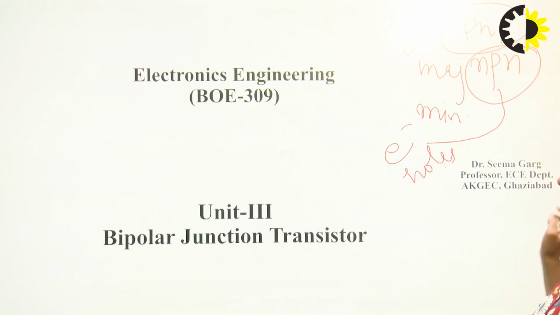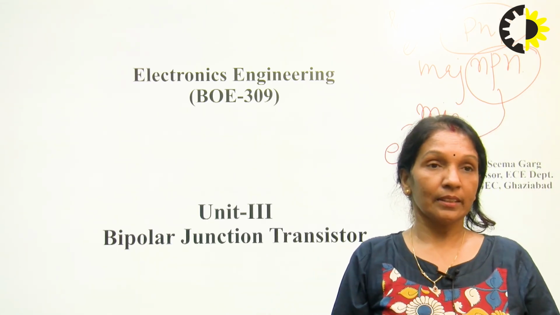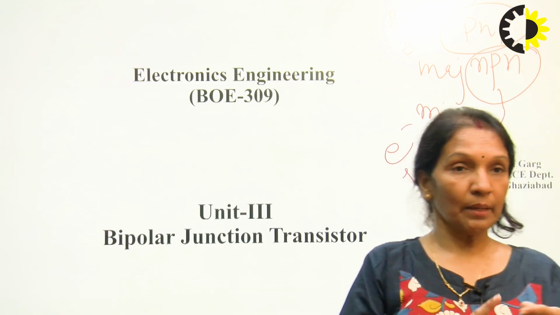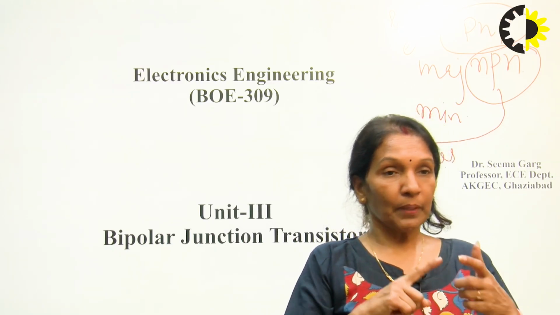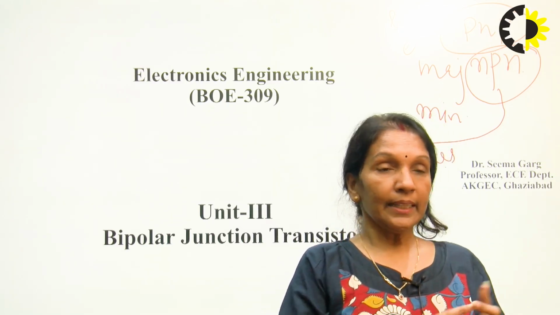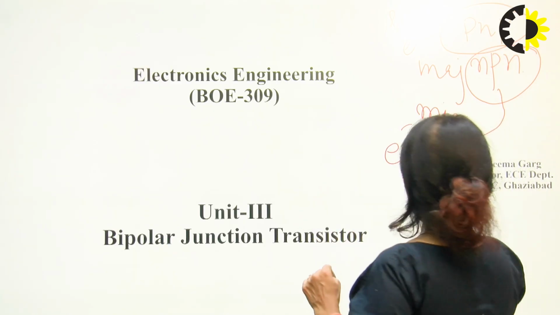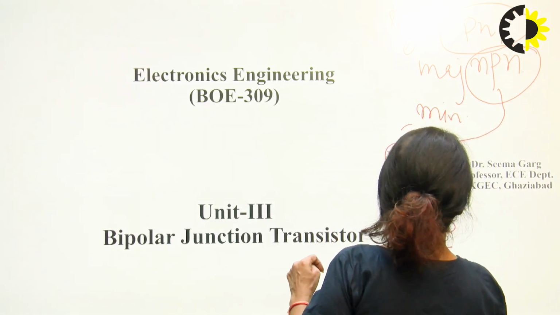There are three configurations in case of the bipolar junction transistor. Because it is a three-terminal device, it has three terminals: emitter, base and collector. Depending upon which particular terminal is common to the input as well as the output side, we have the three configurations: common base, common emitter and common collector.